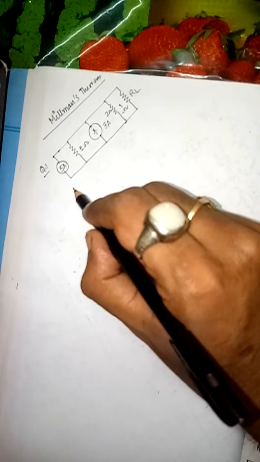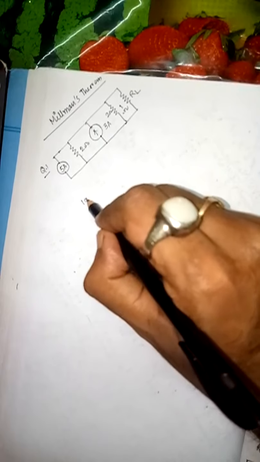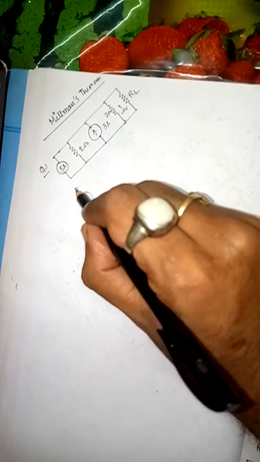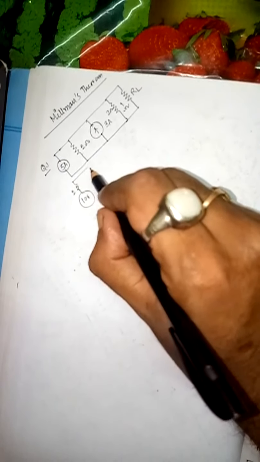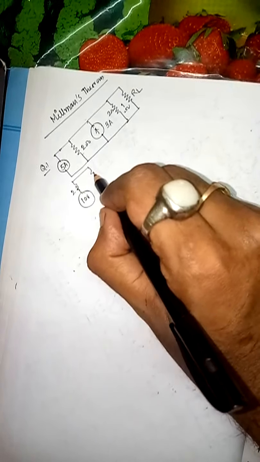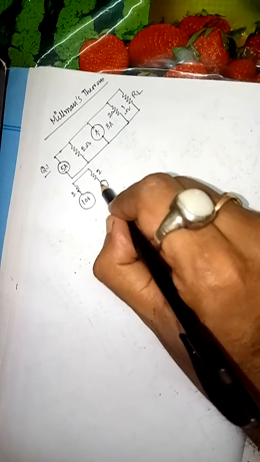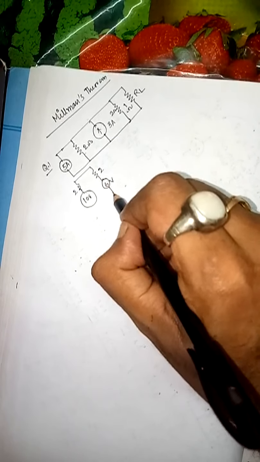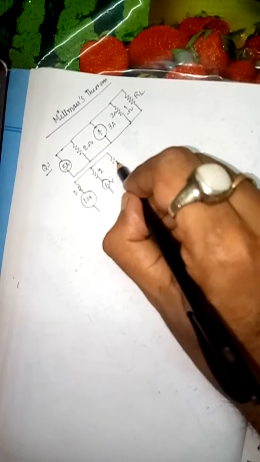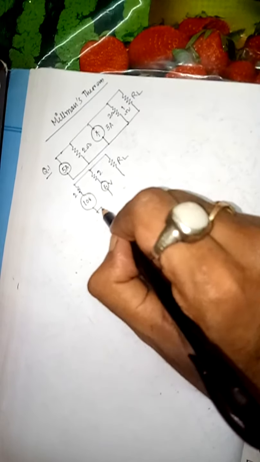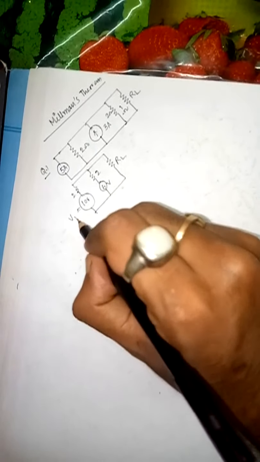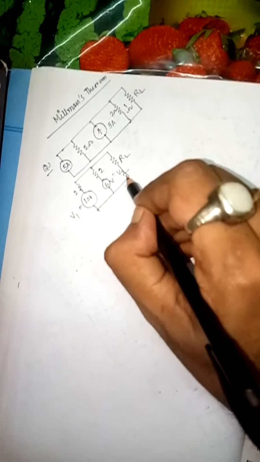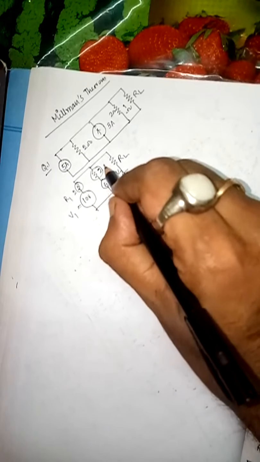So here it is 10 volt with that particular 2 ohm, again the same 2 ohm there, and this is 6 volt, and that is RL. What this theorem says is that you have to know this as V1, this as V2, and these as R1 and R2.